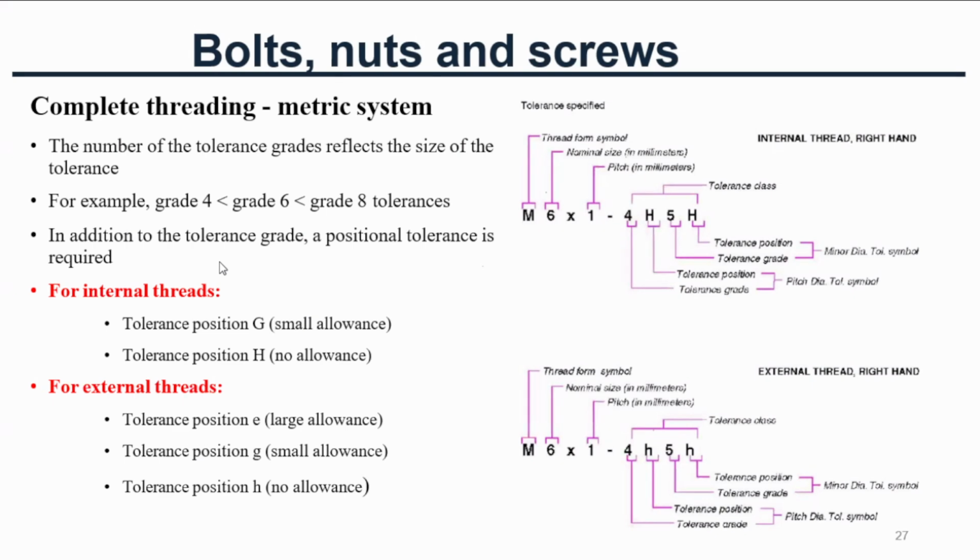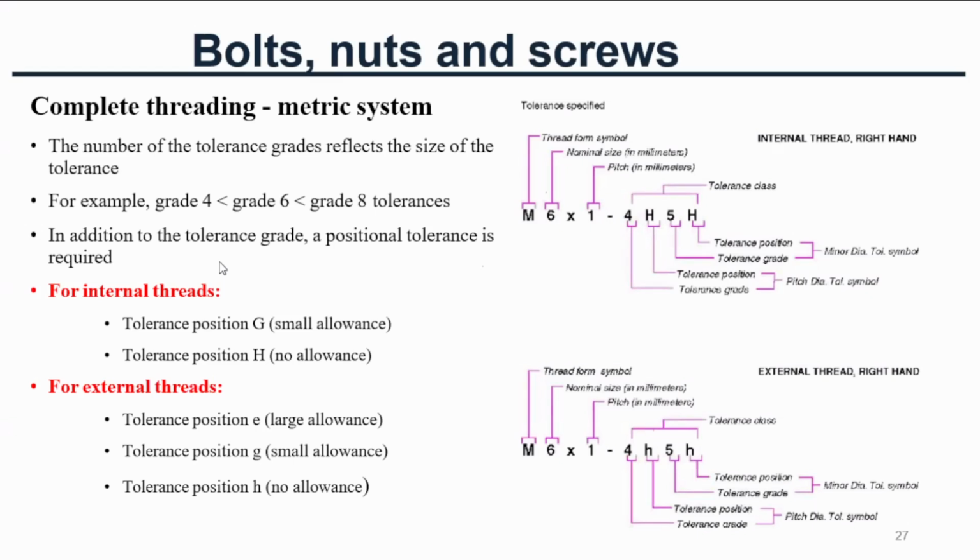Actually, these determine how tight or loose the connection will be between mating threads. You can see some tolerance grades and positions here, G, H, E, G, H.